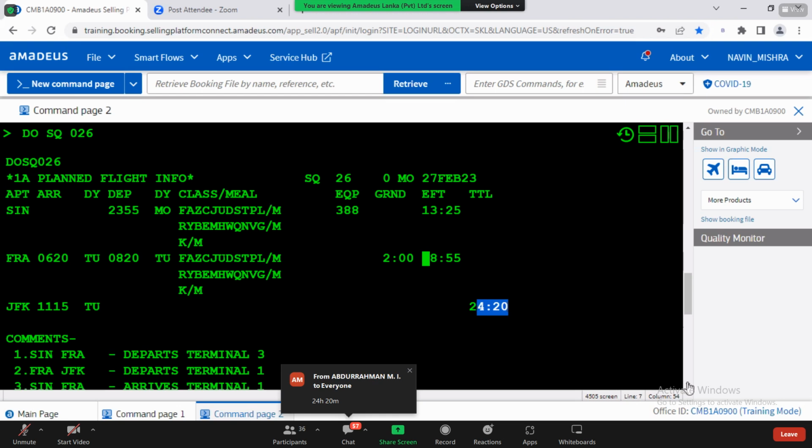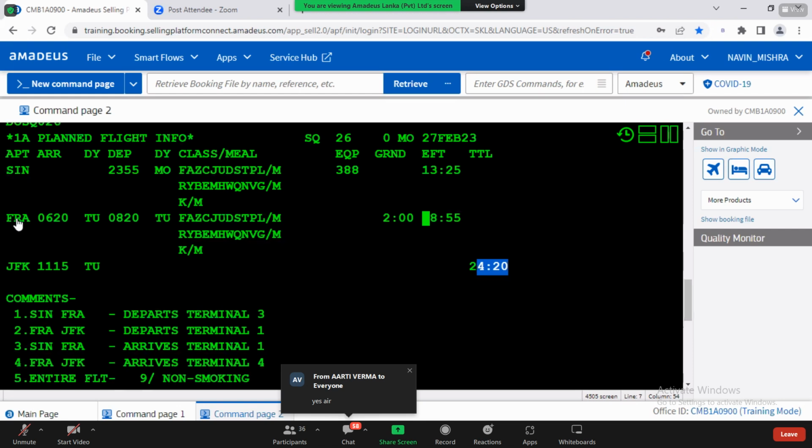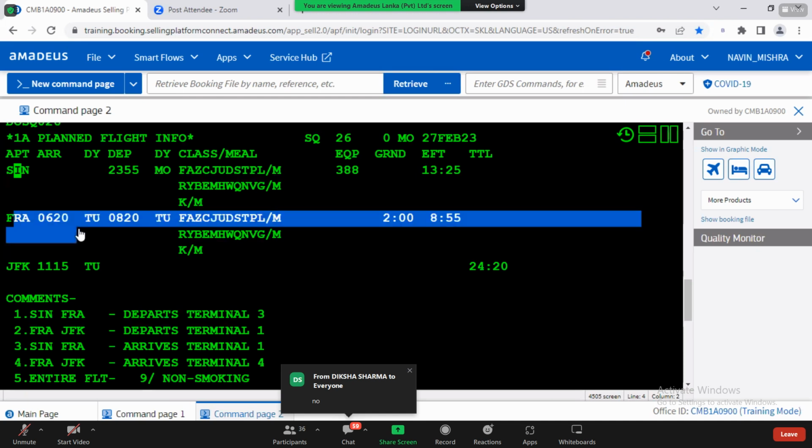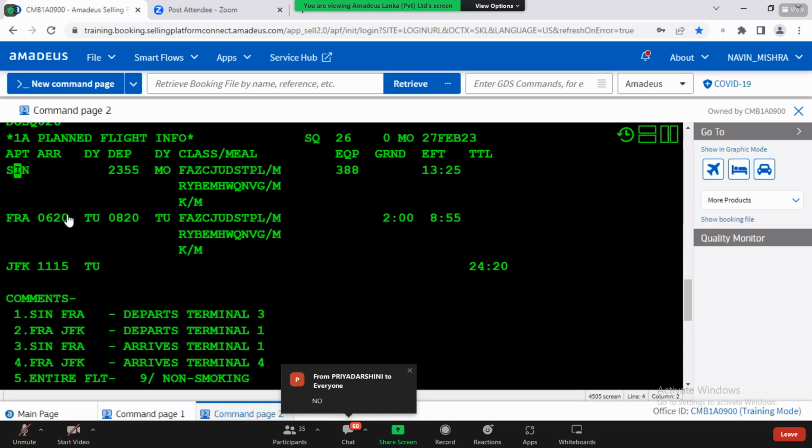Now, between Singapore and Frankfurt, do you see any flight number change here? Do you see the passenger change the flight number? Yes or no? No flight number changing, no airline changing. That means the same aircraft, same flight number is going to take the passenger from Singapore and reach the destination John F. Kennedy.